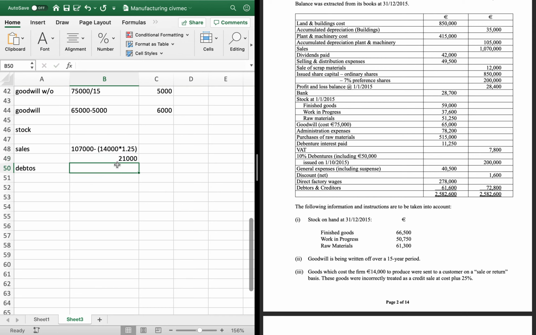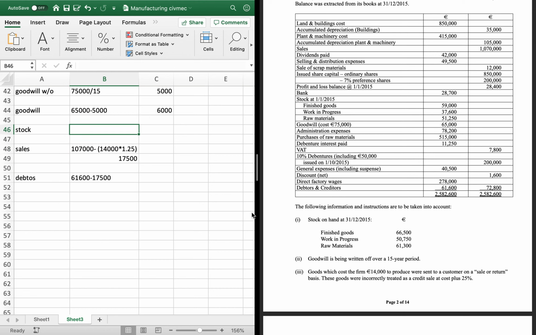Okay, so sales go down by cost plus 25%. That seems quite high. That seems like it's 50%. Sorry, 1.25 it should have been. So that's 17,500. Our sales are going to go down by that. Debtors are going to go down by the same amount because the credit sale hasn't taken place. So 61.6 minus 17.5, and that's as if the sale hasn't taken place.